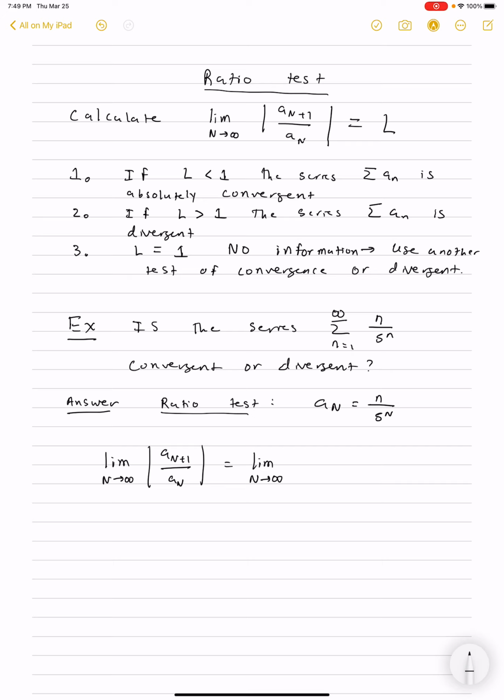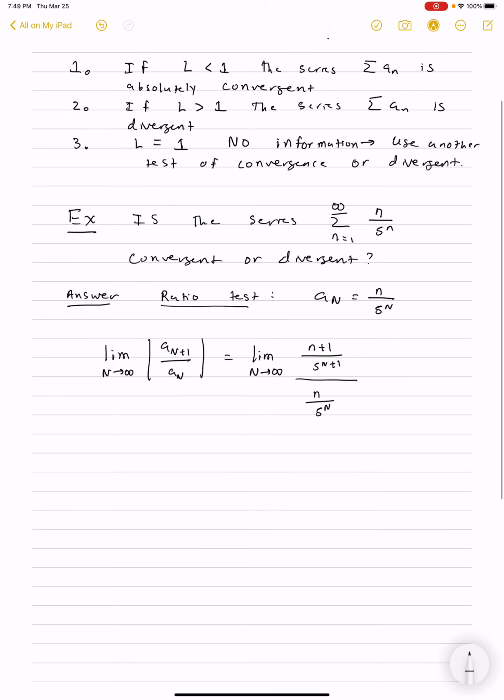One remark on outcome 2 here, if the limit's infinite, that's still bigger than 1, just FYI. Okay. So I'm going to have (n+1) over 5^(n+1) divided by n over 5^n. We're going to simplify this by inverting and multiplying.